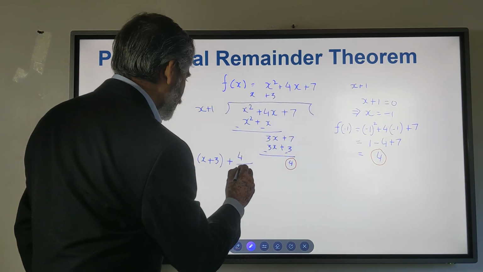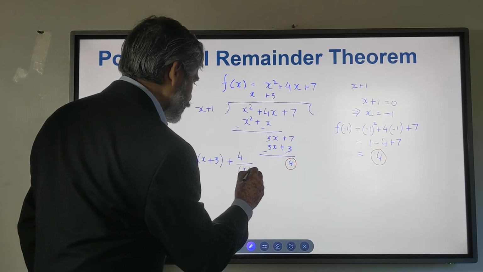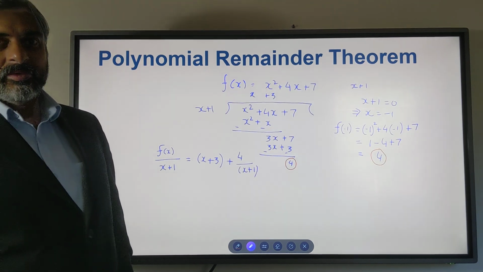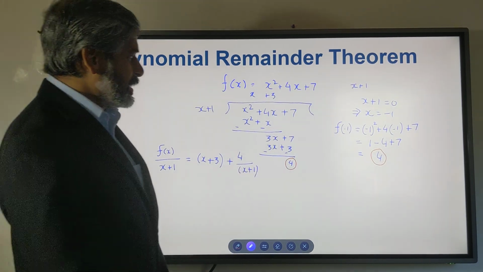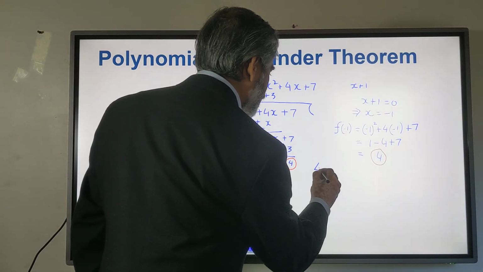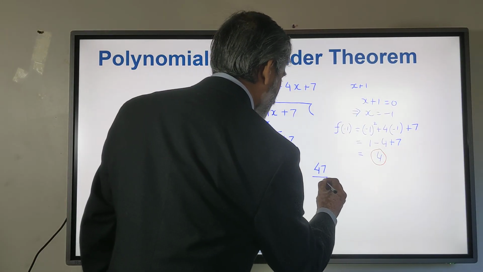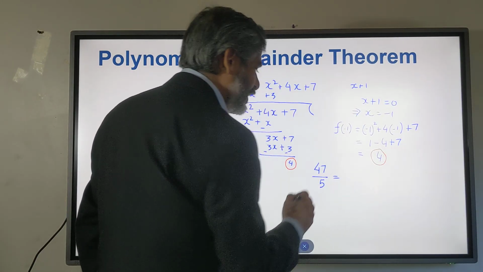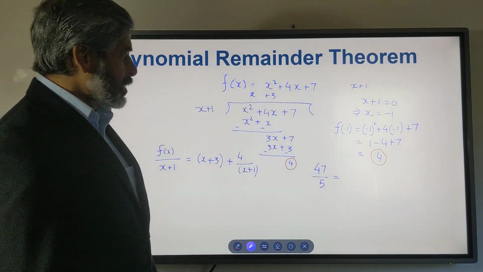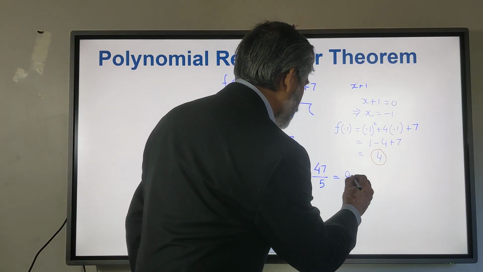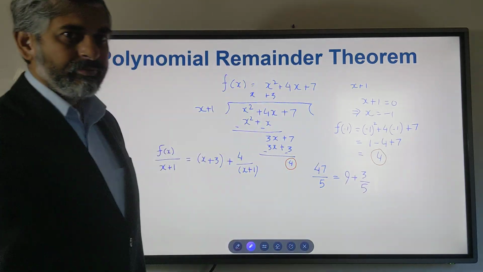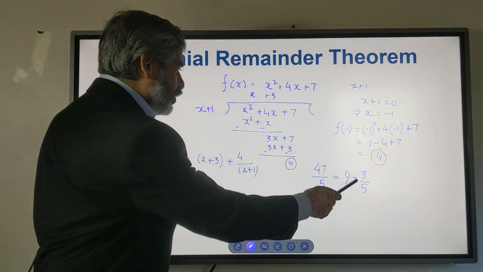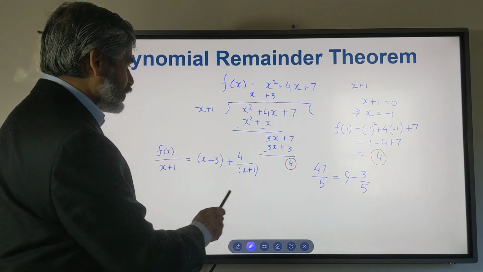So I can write it as 4 divided by x plus 1. And why can I write it like this? Just imagine you are dividing a number 47 by 5. How do you write it? You write it as 9 plus the remainder 3 divided by 5. So I can also write this in this format.